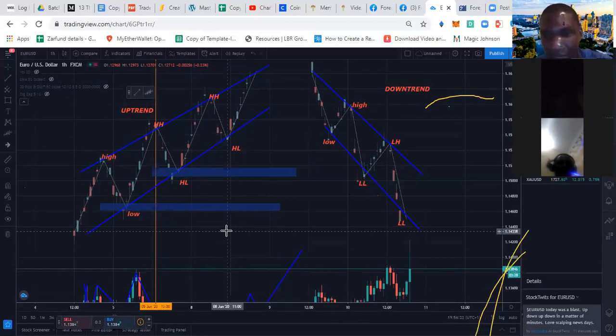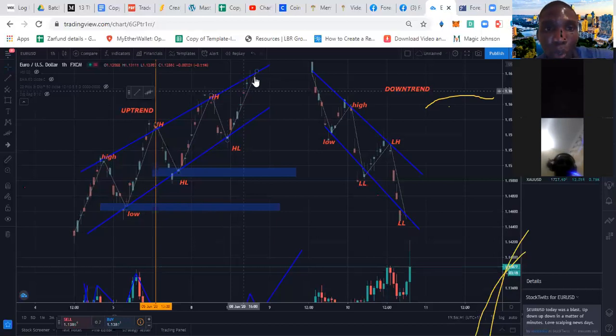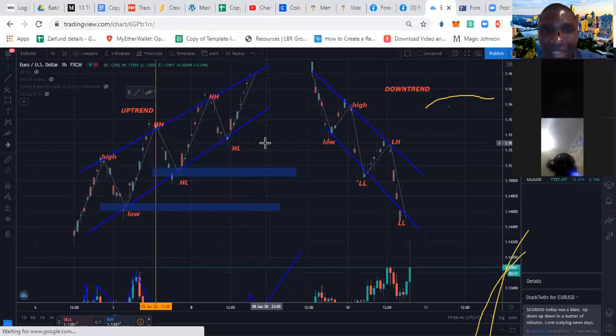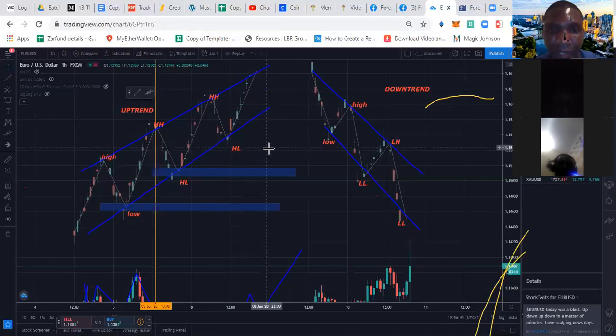That's what you are going to be seeing in an uptrend until the recent low is broken. When price breaks below the recent low, that is when you see a trend change. Then you know that, okay, a downtrend is about to begin. All right? So that's the way it is.